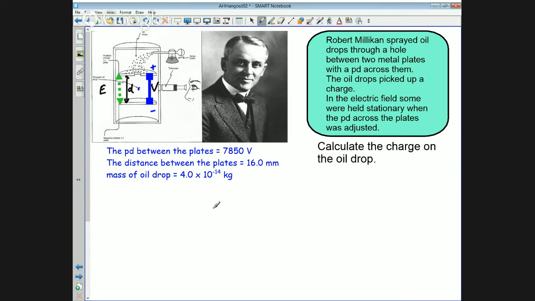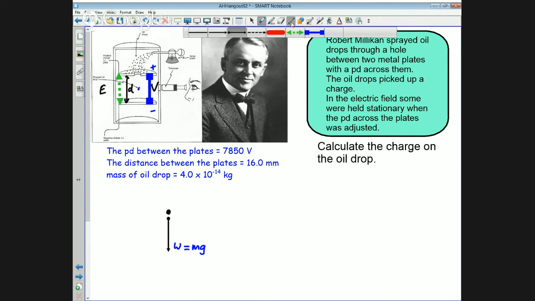But let's focus in on the oil drop itself and see what forces are acting on the oil drop. Because if we've got the oil drop like that, we know right away one of the forces acting on it is good old gravity. Weight pulling it down like that. So that's going to be the weight of the oil drop. Weight equals mg. But because the oil drop is negatively charged, it will experience a force towards the positive plate up here.